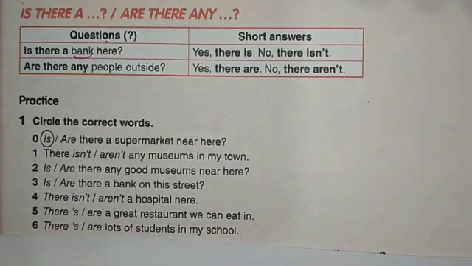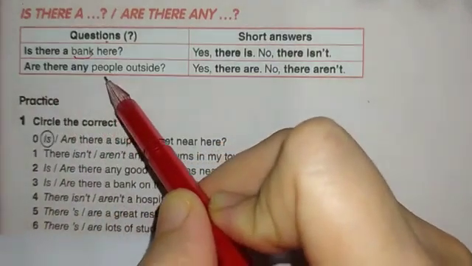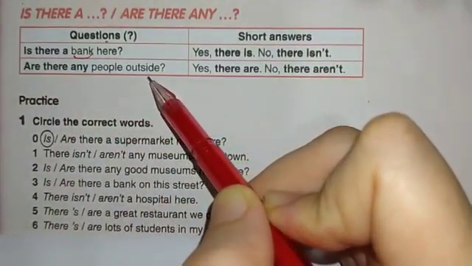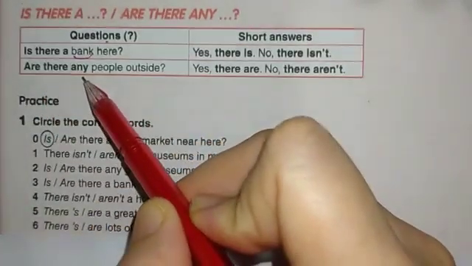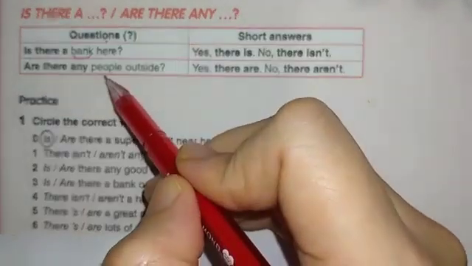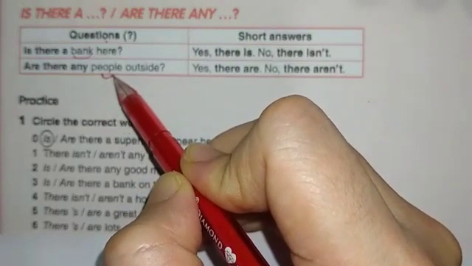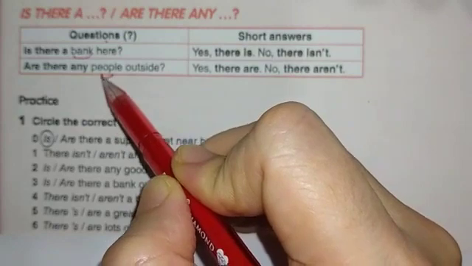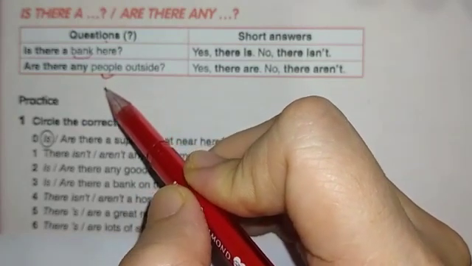The second sentence, "Are there any people outside?" Why do we have to use "are there any" here? Because it is followed by a plural noun. People here, more than one.